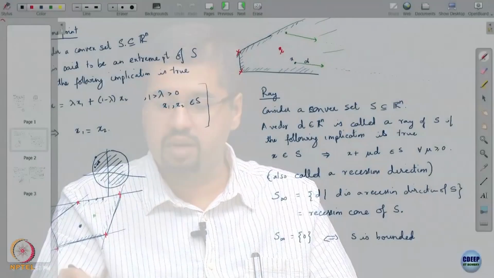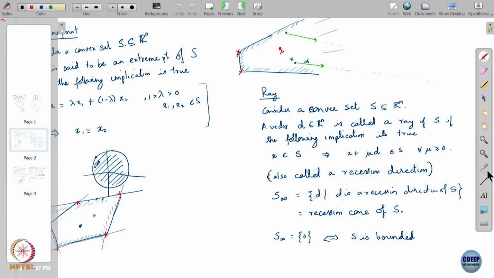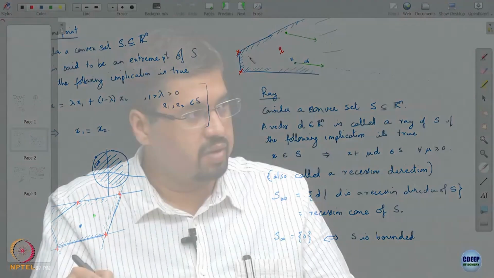So, going back to this kind of set here, what the Minkowski-Weyl theorem is saying is that the way this set is generated is that you take the convex hull of the extreme points, which is just this segment, and keep translating this segment along the two extreme directions, the two extreme rays.